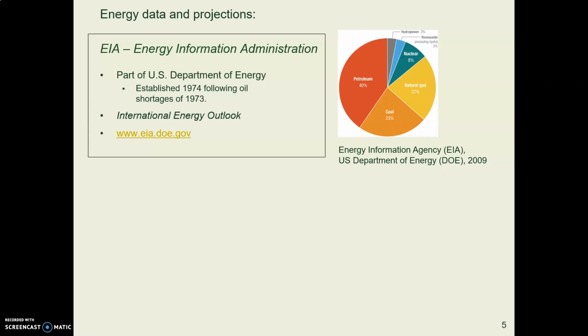If you are doing a report sometime on anything related to energy or emissions, and you would like some good-looking graphs, go to the EIA website and you'll find just a vast number of graphs, way more than you want, but you can pick out precisely the kind of data you need in a certain graph. So that's the EIA, that's a U.S. agency.